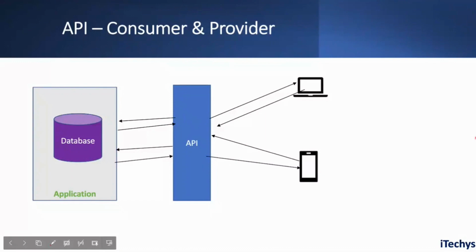So I already explained what a server and what a client is. Now my question is, are you also clear on what a provider is and what a consumer is? Just put in the chat whether you are clear or not, and it's good if you can explain in one line. I'm giving 1 or 2 minutes.